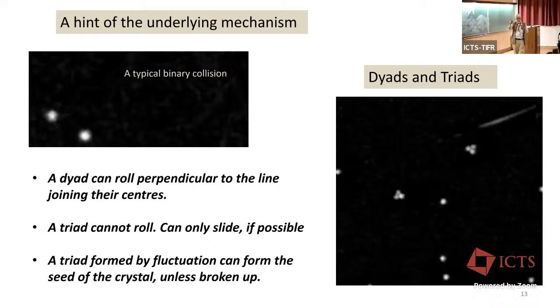Charged stuff will do Wigner crystallization, or ought to. There is no similar charge, but dipole and van der Waals, that must be. So now a dyad can only roll perpendicular to the line joining their centers, and a triad cannot roll at all.